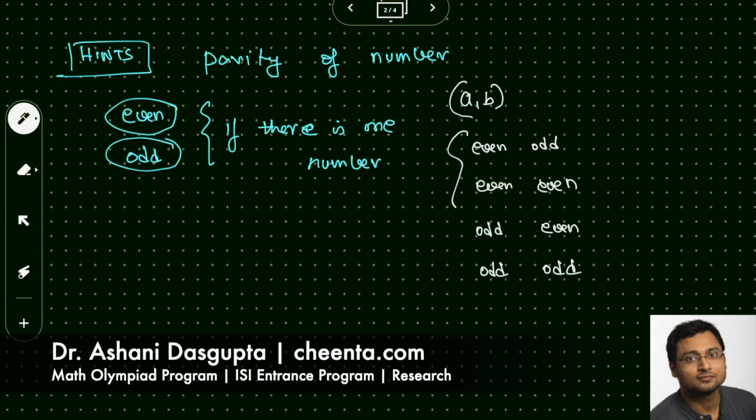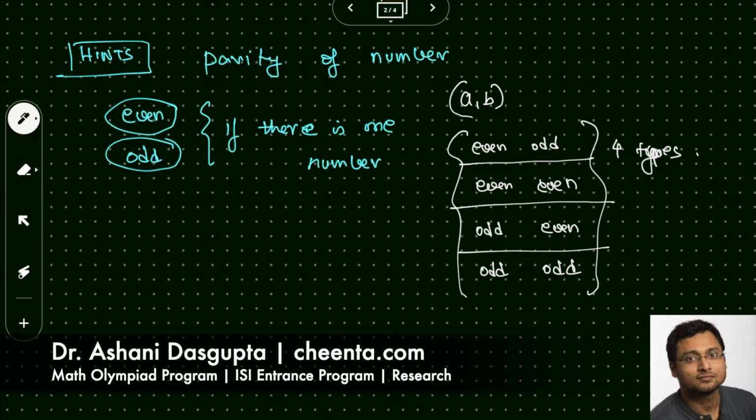Really, four types. Now, all ordered pairs are of one of these four types. So can you now use this hint and give this a try?